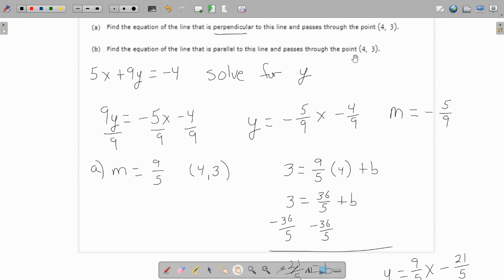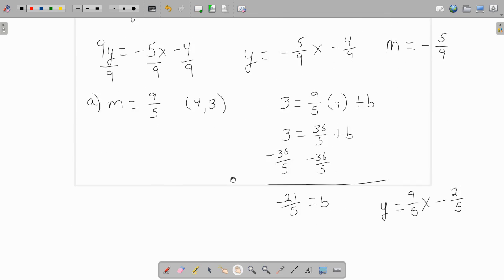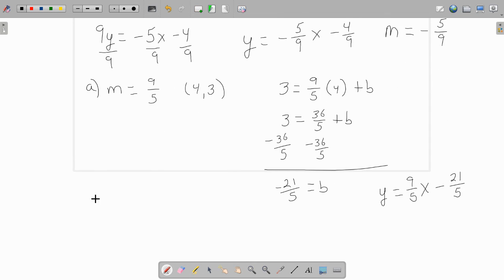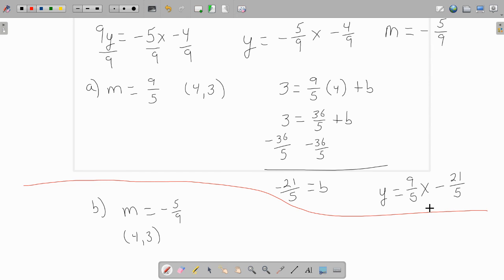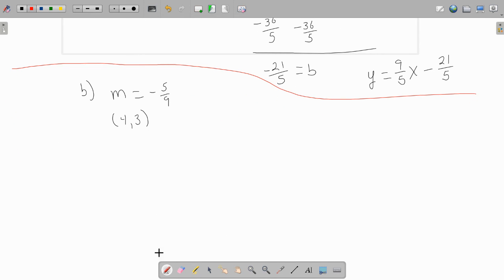Part B, they want parallel going through the point 4,3. So parallel means you keep the same slope as before, and they're giving you that same point again. This one will be a little bit better, but you're still getting fractions. All right, ready?